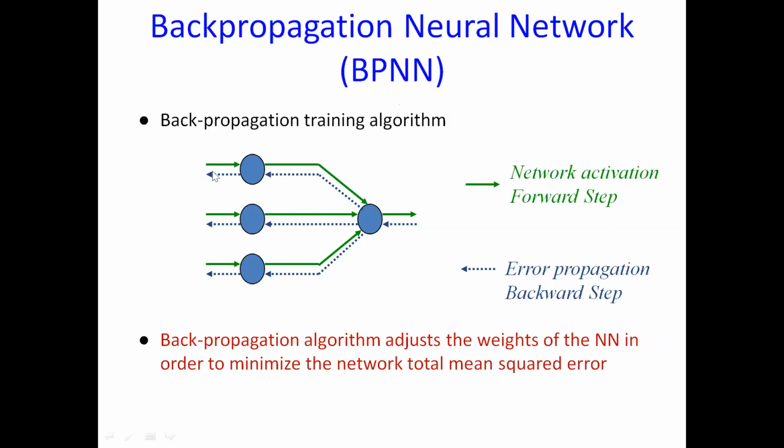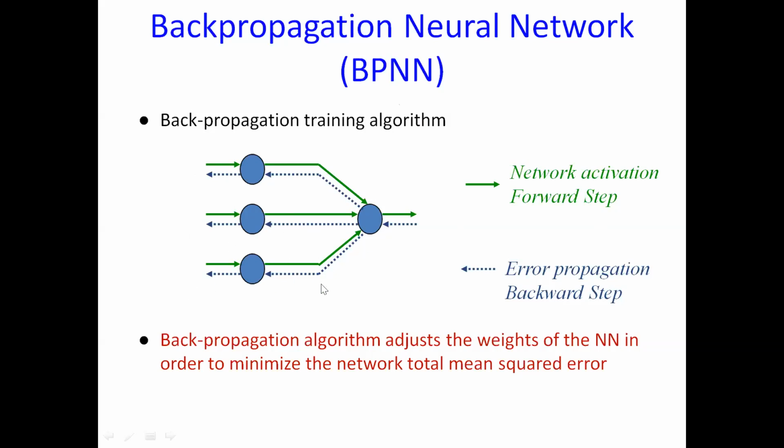So here you can see that we have a feed forward path, so obviously the network activation forward step. And we also have one recurrent path or feedback path as well.